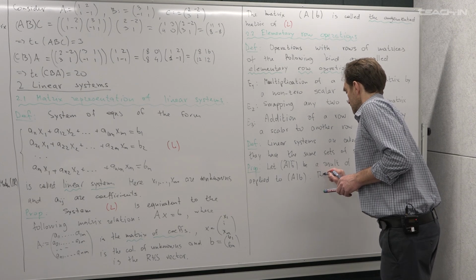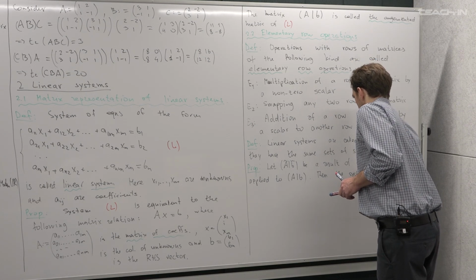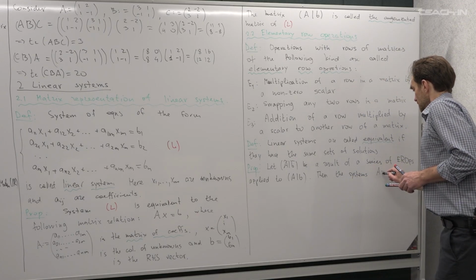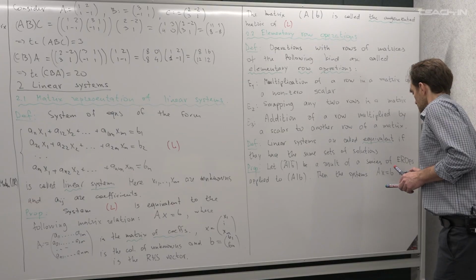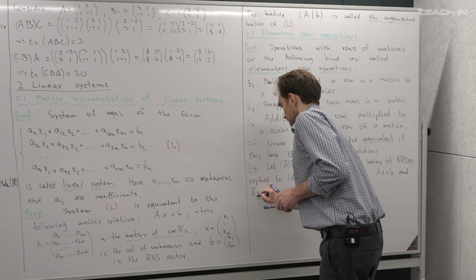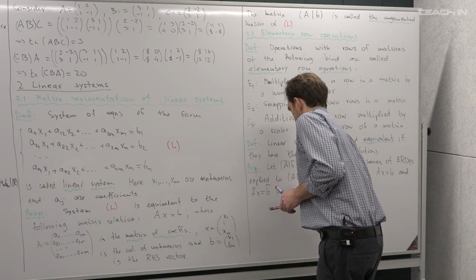Then the systems AX equals B and A tilde X equals B tilde are equivalent.